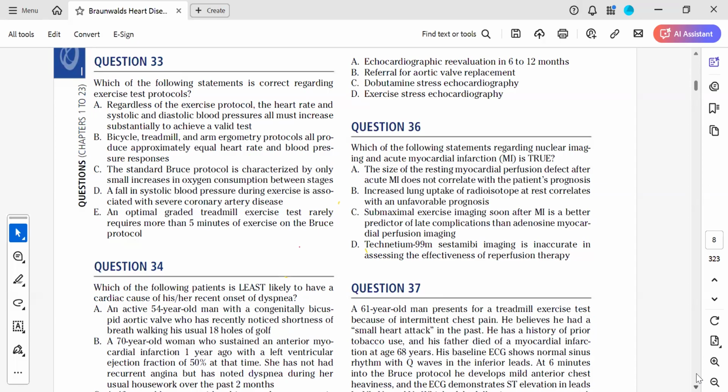However, just to note, it is because her AVA is less than 1.0 that she has severe. However, her peak transaortic valve velocity is less than 4, and the mean gradient is less than 40.